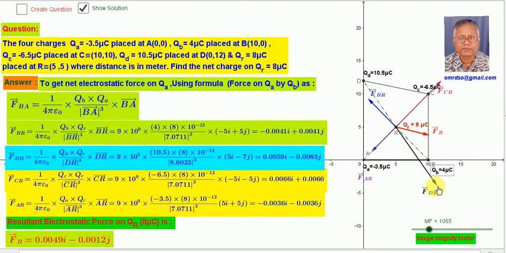And charge at C is minus, charge at point R is plus, so it will attract, in this direction. D is plus, charge at R is also plus, so it will repel, direction is this one.